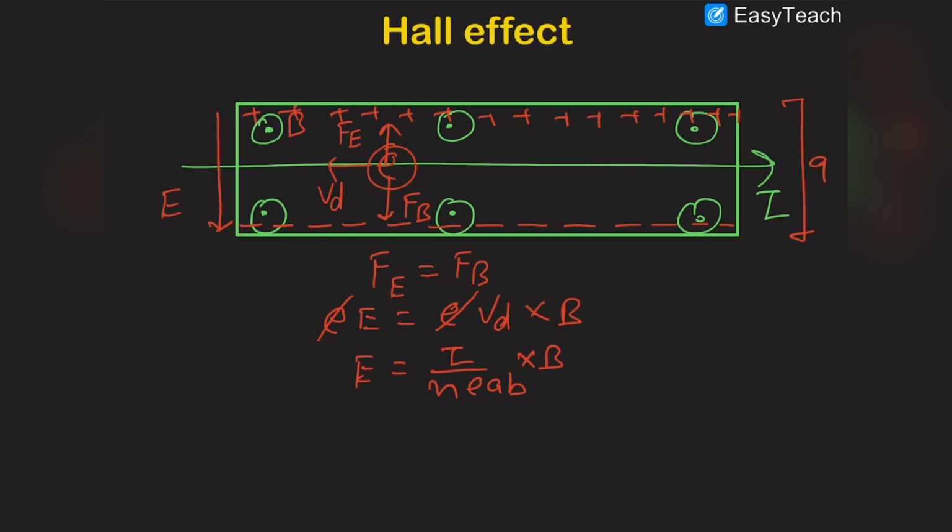So the Hall effect says that when a current carrying conductor is placed in a transverse magnetic field, where transverse refers to the fact that the magnetic field should be perpendicular to the direction of current flow, then the deposition of electrons will start to occur across the conductor on the opposite faces, which are parallel to the direction of flow of current.